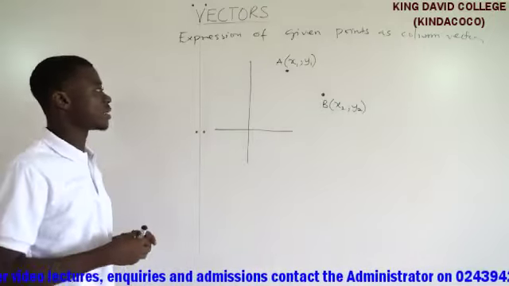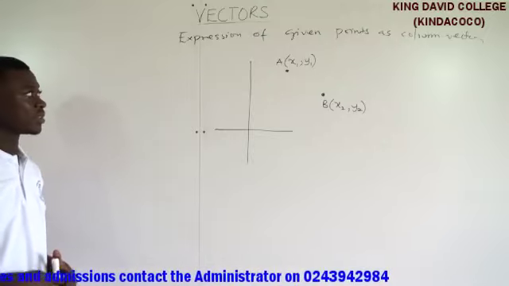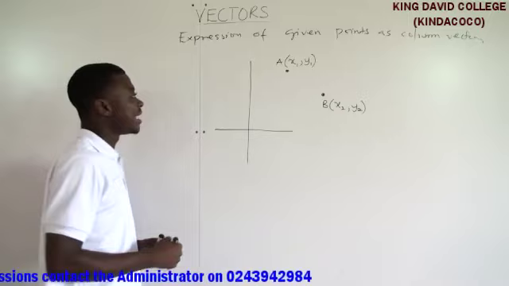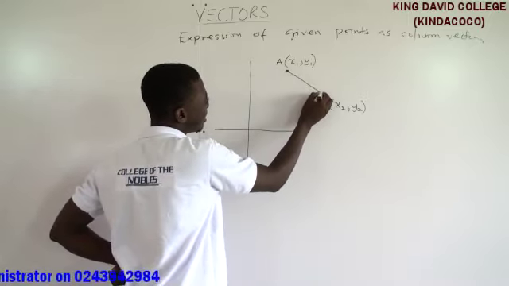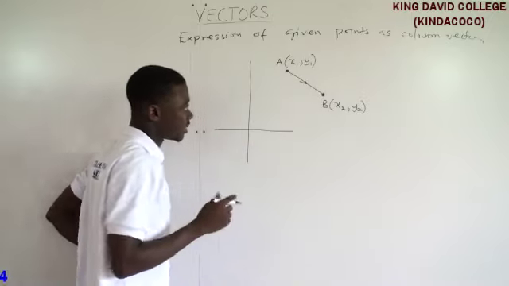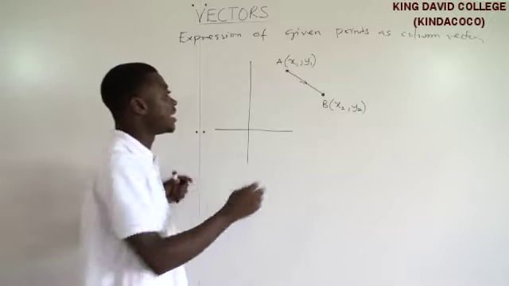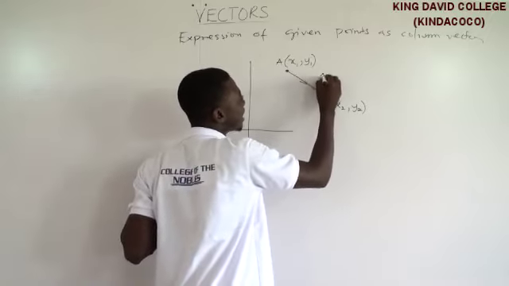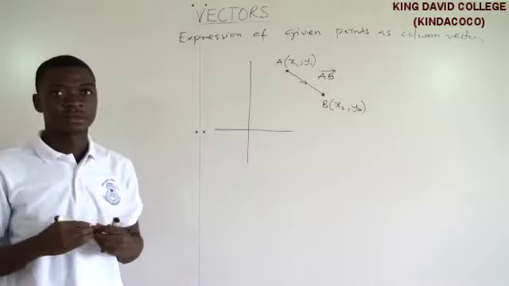So we know these two points, A and B. Now they are asking you to find the vector that links A to B. So let's say someone wants to travel from A to B. What is the vector that is going to link them? This is just going to be called the vector linking A to B, vector AB. Are you seeing it?